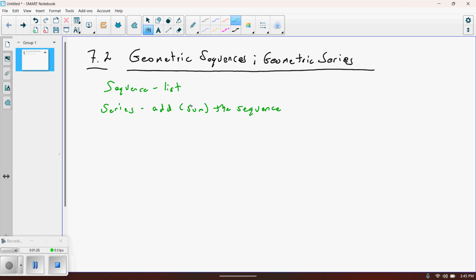This topic is going to be hit much more in depth towards the end of Calculus 2. Geometric series and sequences play a very big role, again, towards the end of Calc 2. I'm not going to go too far into depth of that.